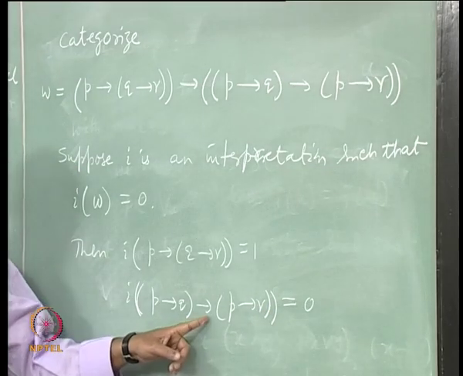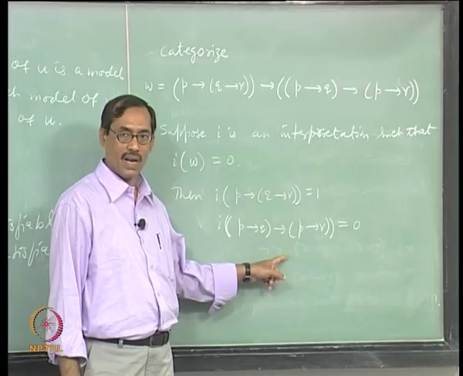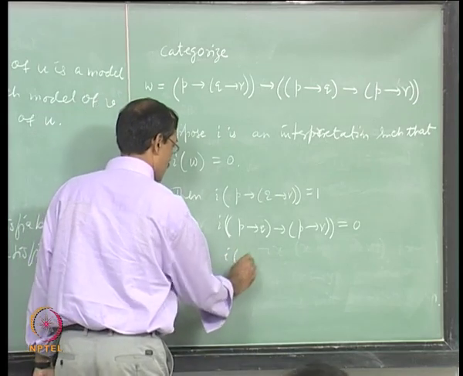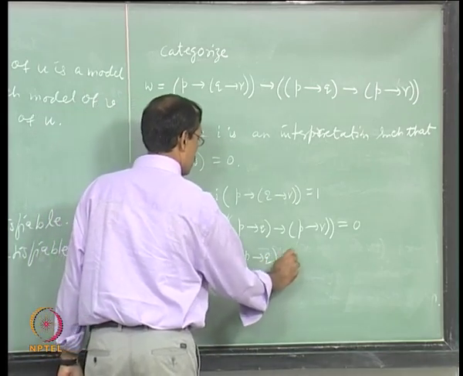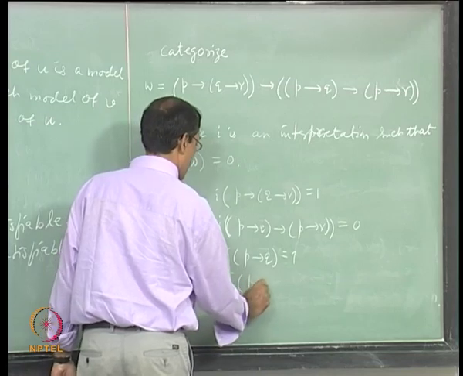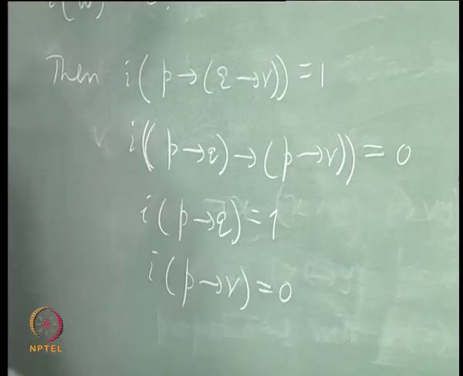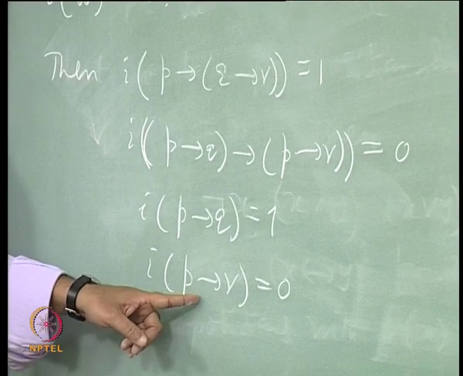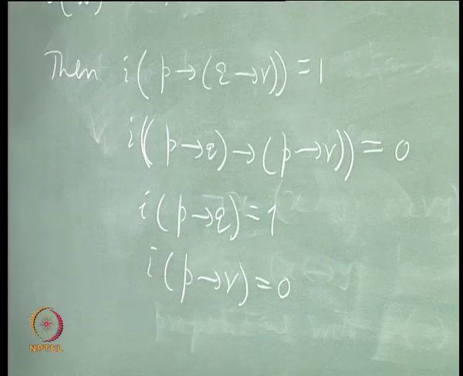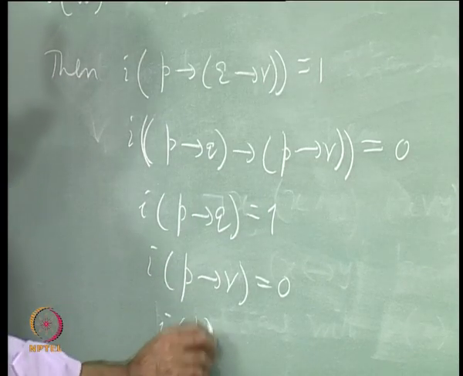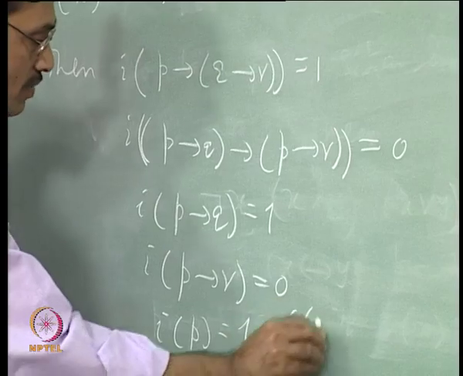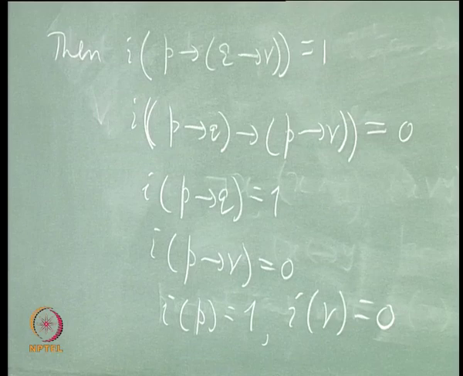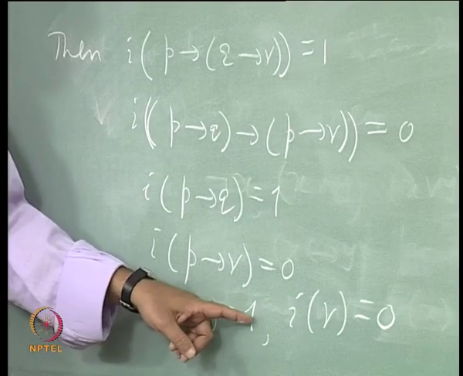Now, I take up this case first. This will give me 3 cases, this will give only 1. So this says I of P implies Q should be 1 and I of P implies R should be 0. This is only one case, which gives me I of P is 1, I of R is 0.